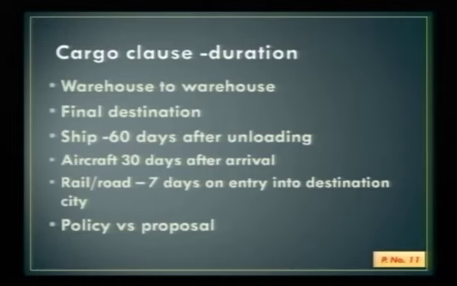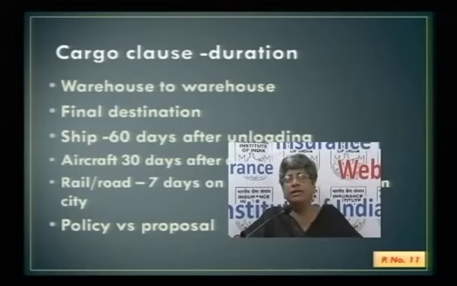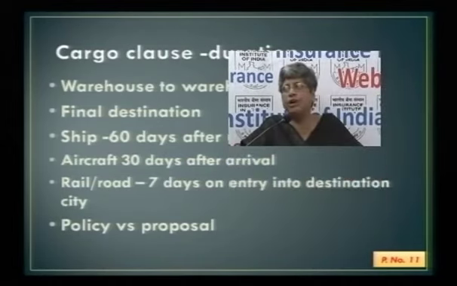But as I showed you in the contract, it's the contract which will decide whether it is actually warehouse to warehouse or it is terminating earlier or does not even come into force.